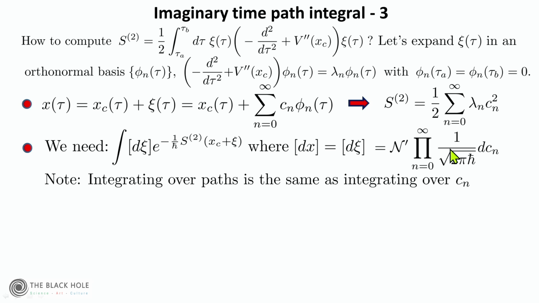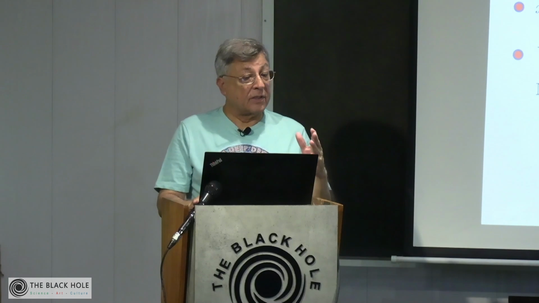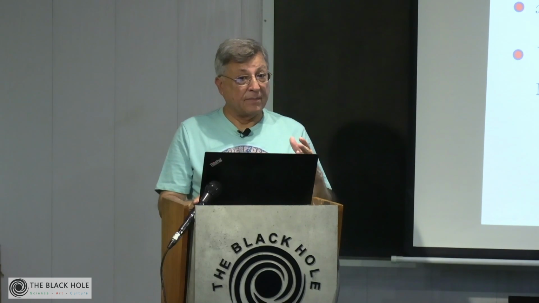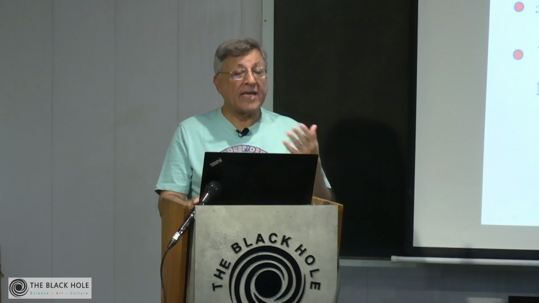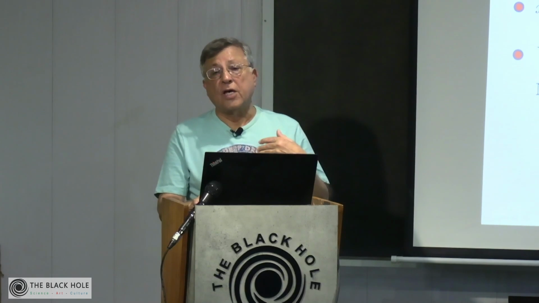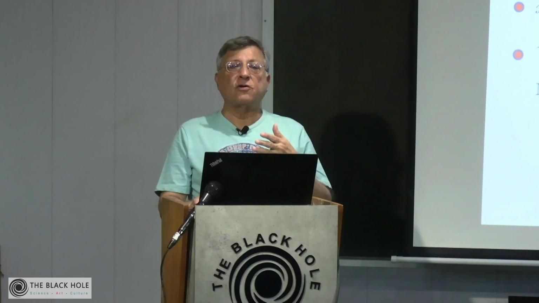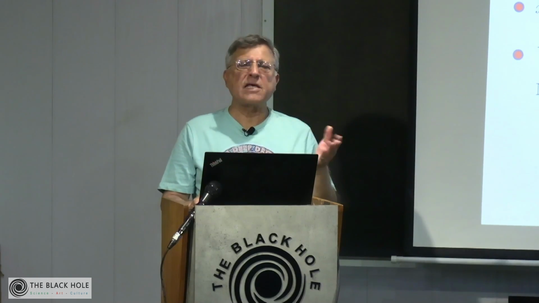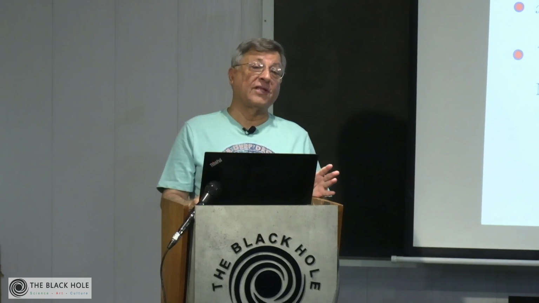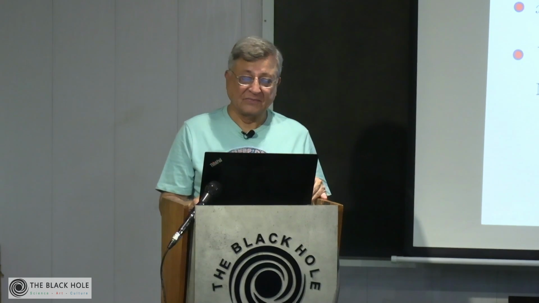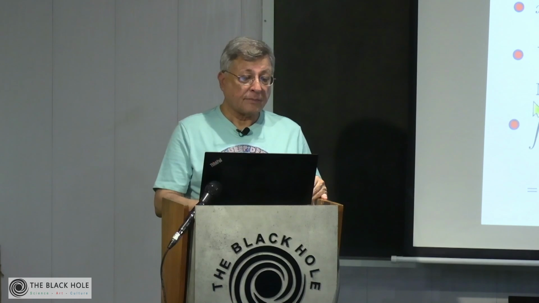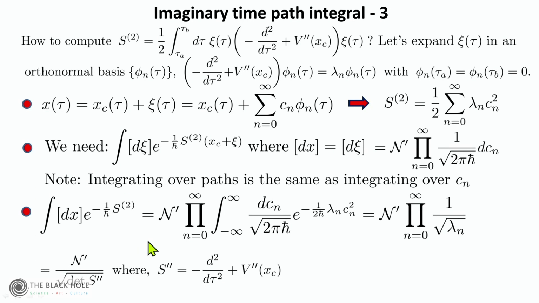Integrating over all paths is the same as integrating over all values of the coefficient Cn. Because remember that the phi n's are supposed to be a complete set. If you take all possible values of Cn, you make all linear combinations of them, you're going to get to any function that is smooth, of course. Okay, so then our functional integral gets reduced into an integral over the Cn's.